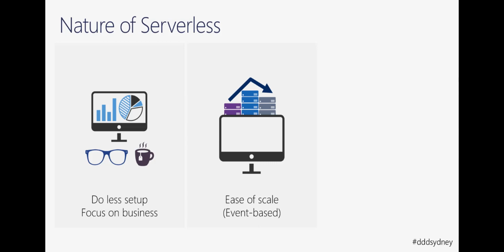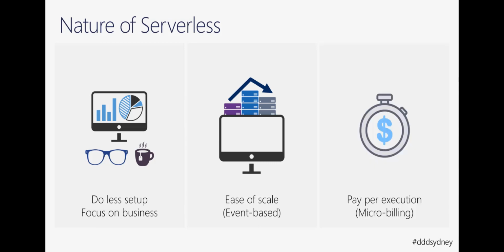So we don't have to worry about scaling. Microsoft or Amazon charge us differently because we don't have virtual machines or app service instances. They only charge us the number of executions and the length of execution time. We often call this micro billing.